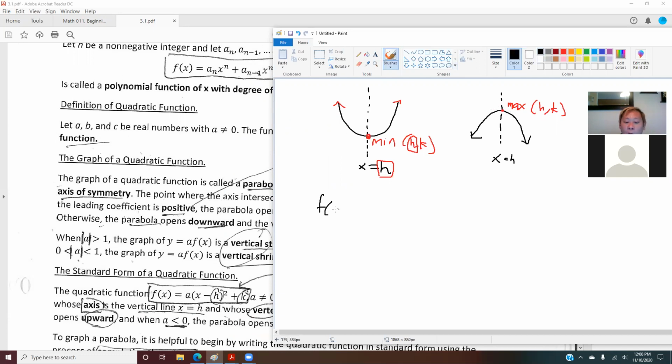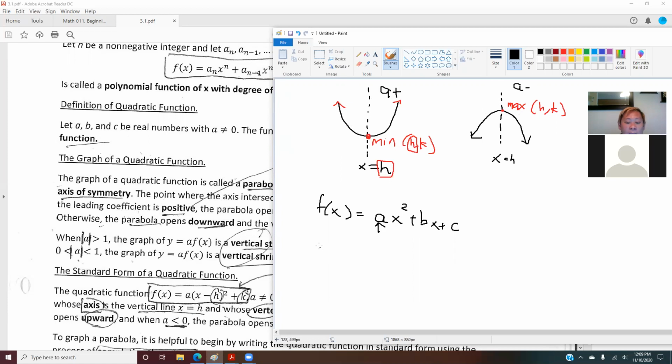It depends on your a. So remember, a quadratic function is ax squared plus bx plus c. So this a is the one that determines if you open upward or downward. If your a is positive, it opens upward. If your a is negative, it opens downward.